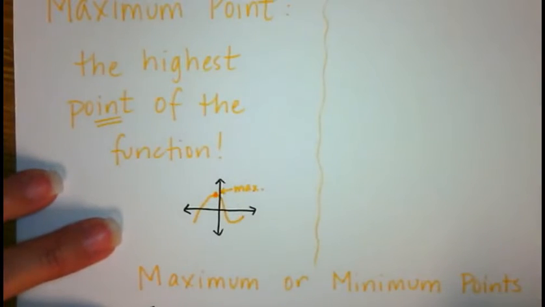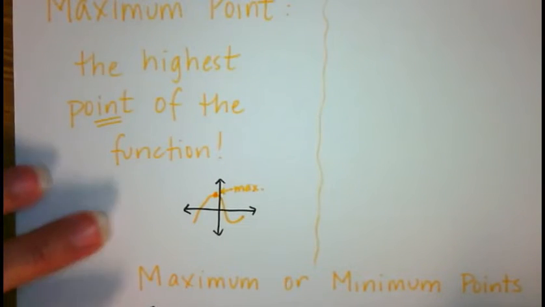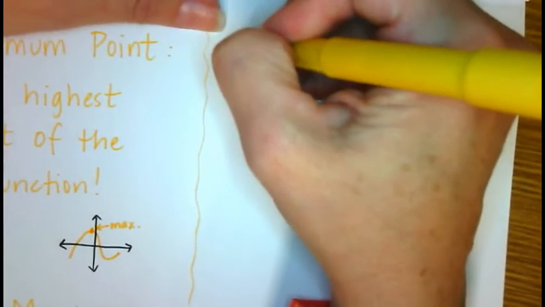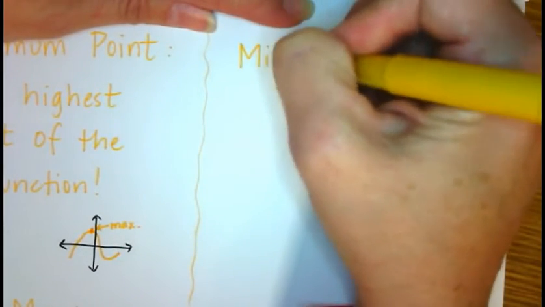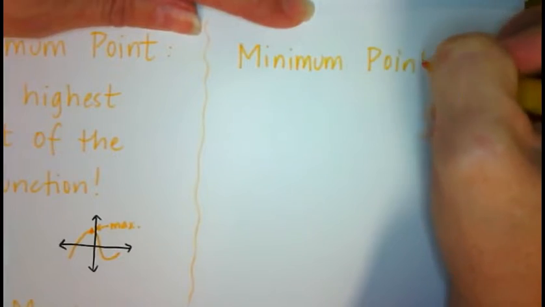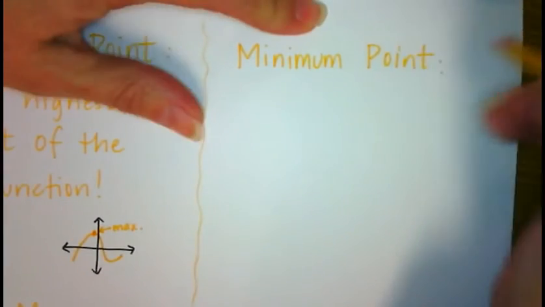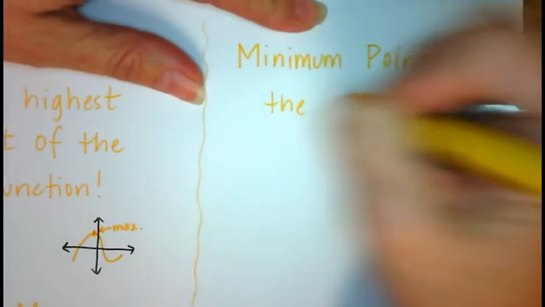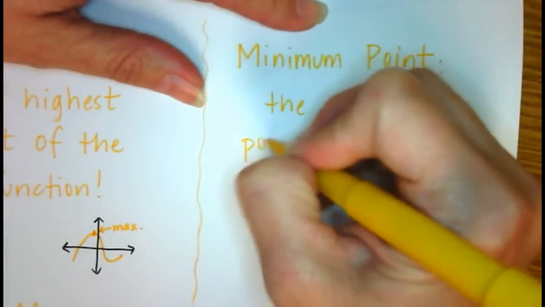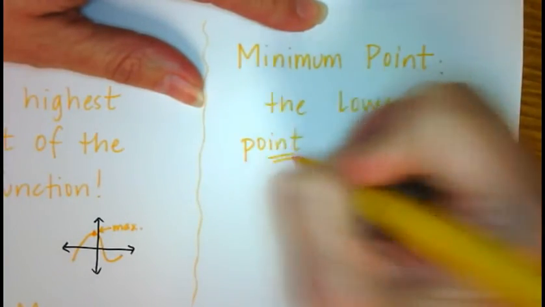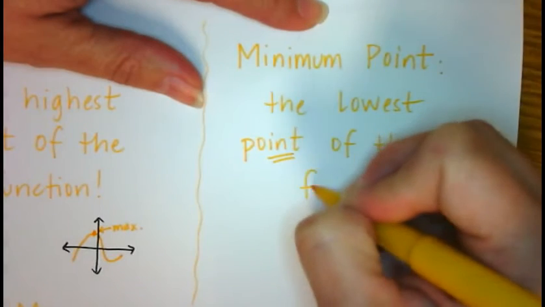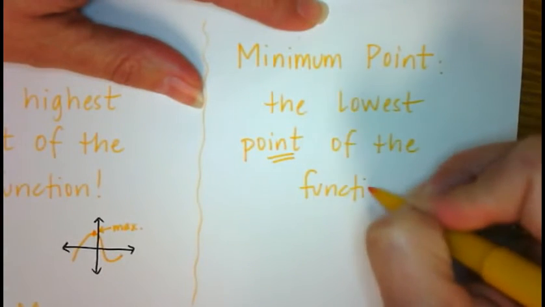So we would write it as an ordered pair. All right, so again, very similar but opposite. The minimum point, so the minimum point is going to be the lowest point of the function. And again, it's a point. So it is the lowest point of the function.